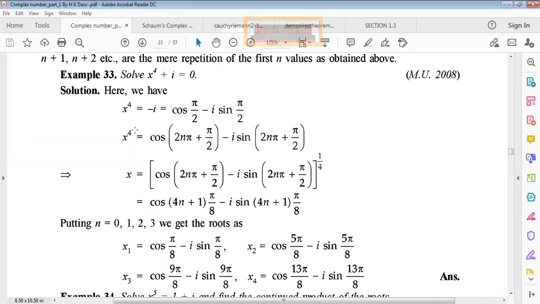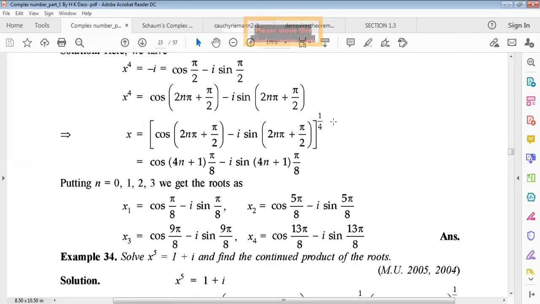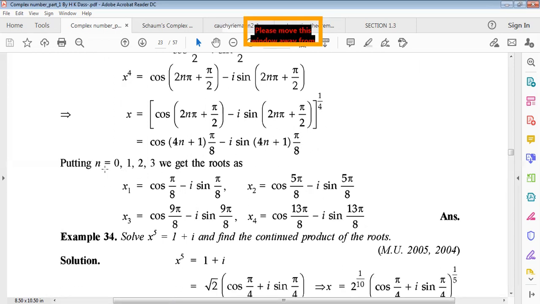Now x equals, taking power 1/4 on both sides. By using de Moivre's theorem, this 1/4 will multiply with the whole angle. Now if we put n equals 0, 1, 2, 3, these 4 values, we get the roots.